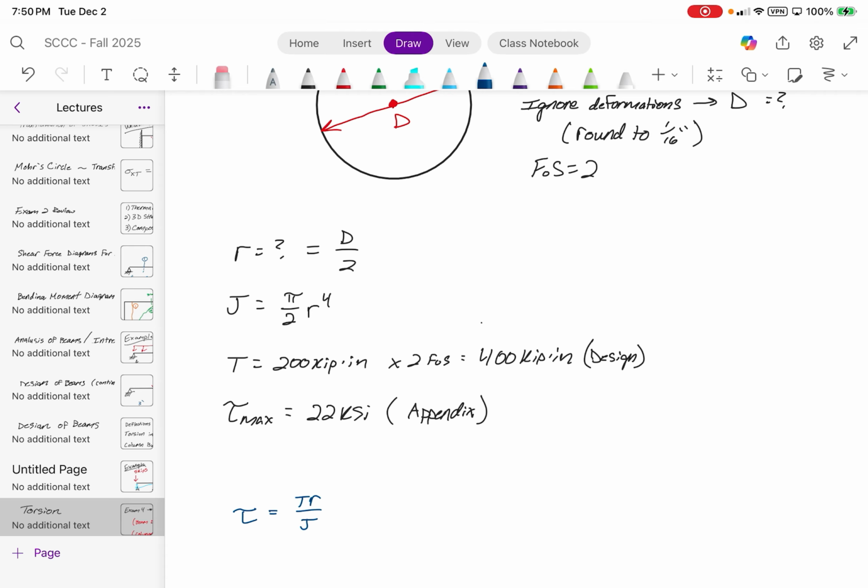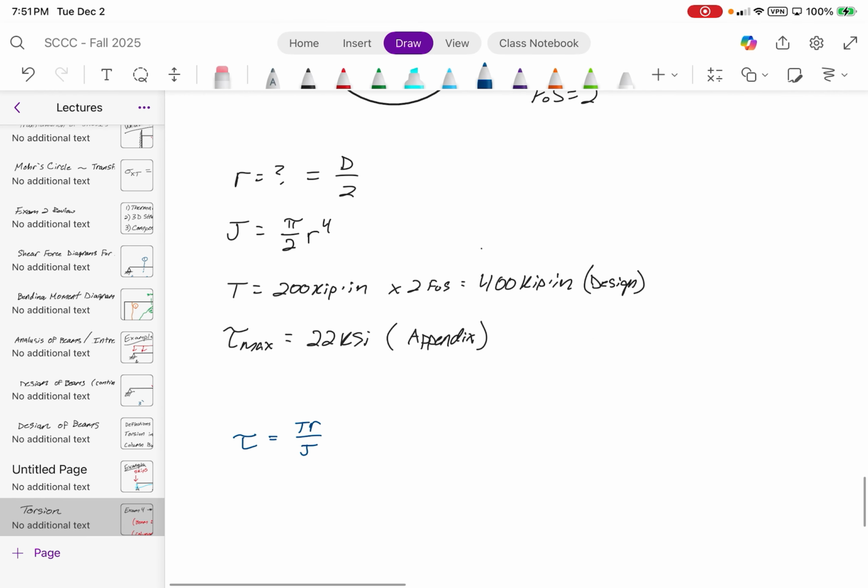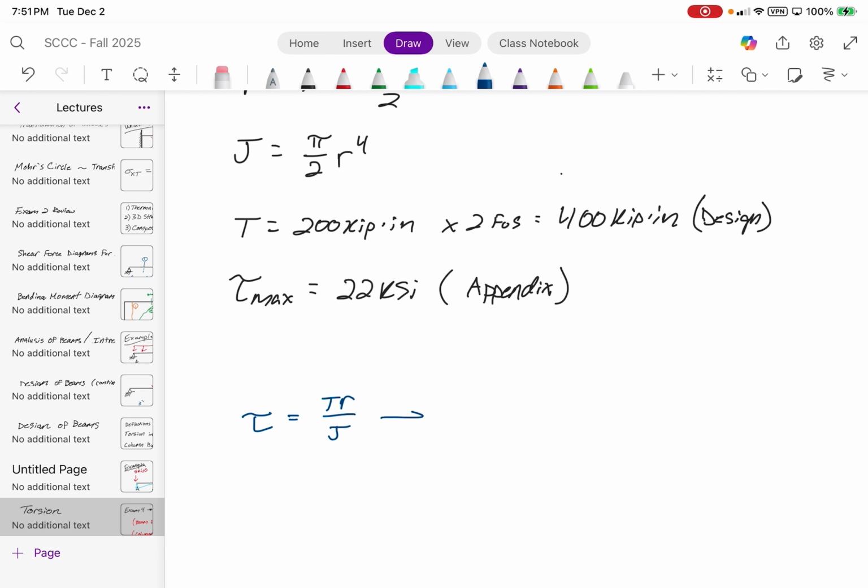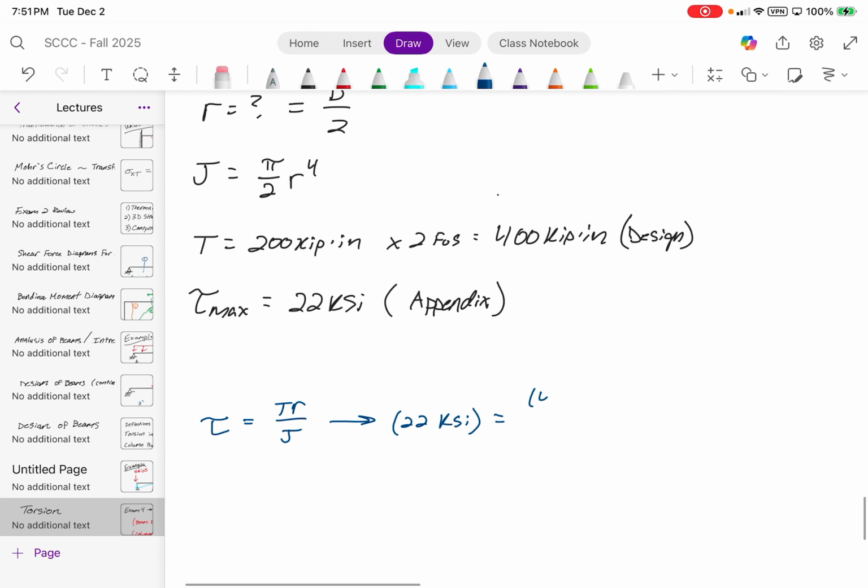The real trick with these design problems, particularly for torsion, the hardest thing is the algebra. All right, so pay close attention. We want to replace all of the terms. So the shear stress is just going to be 22 KSI. The torque is going to be 400 kip inches. The radius we don't know.